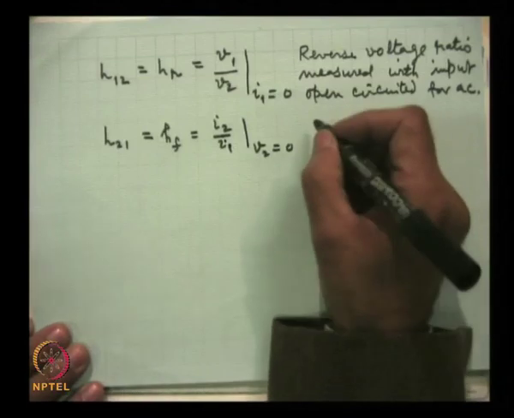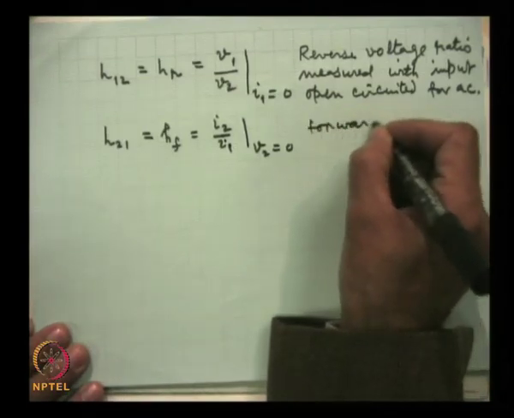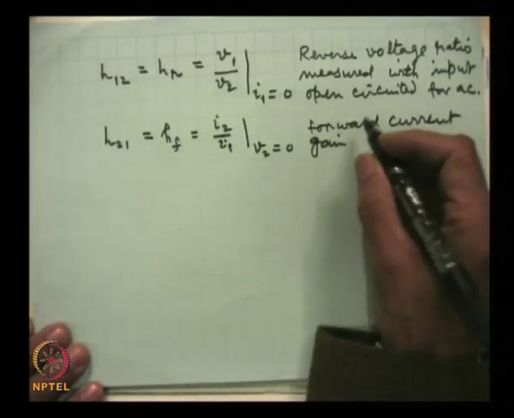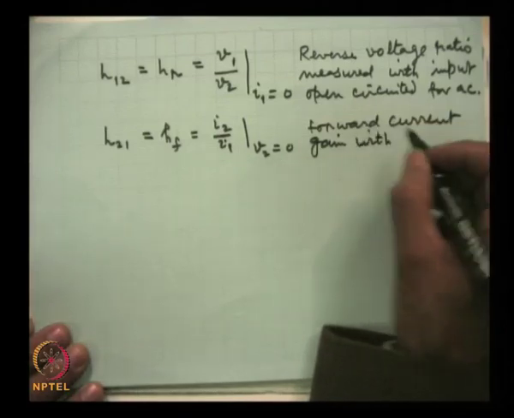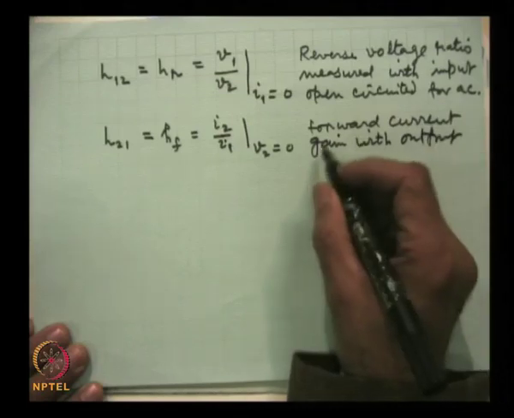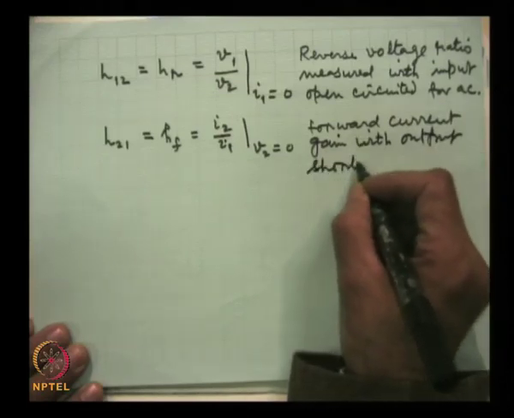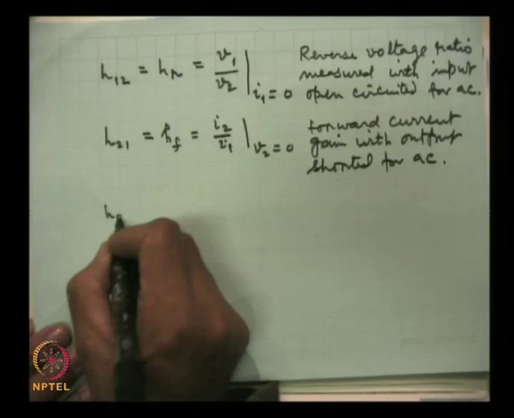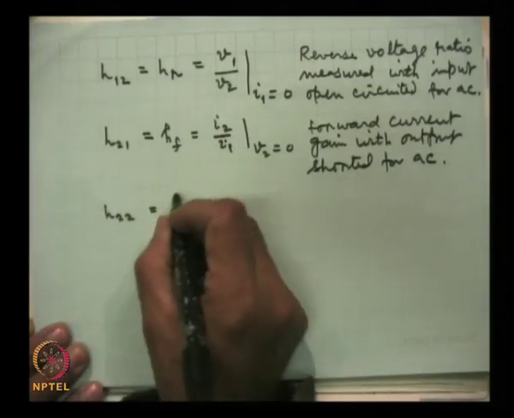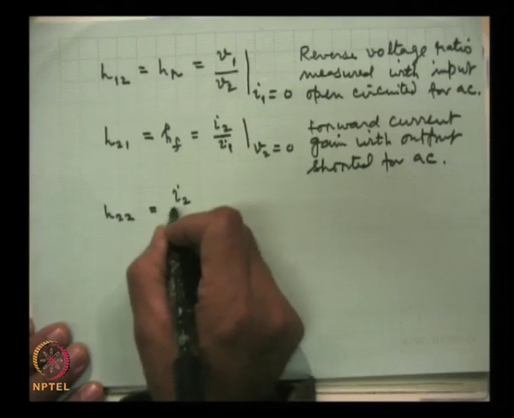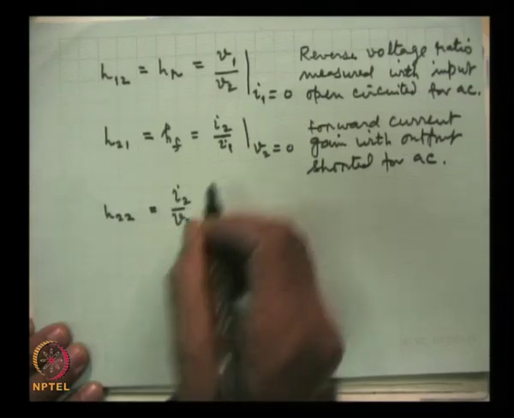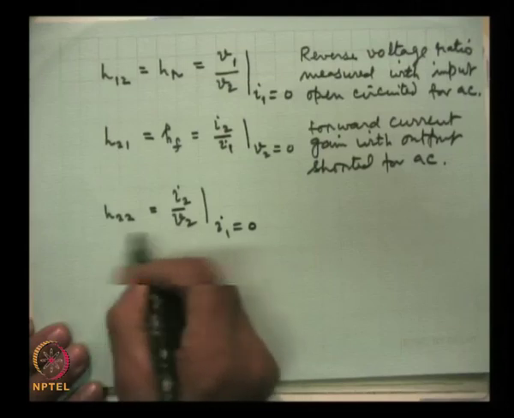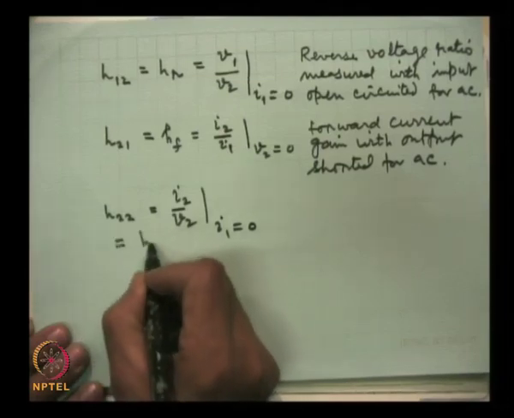So, this is forward current gain, forward current gain with output shorted for AC, and finally H22, this is equal to I2 by V2, and under the condition I1 equal to 0, and this we have said is equal to HO.